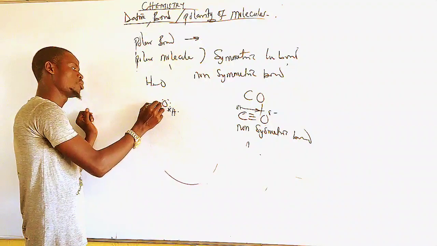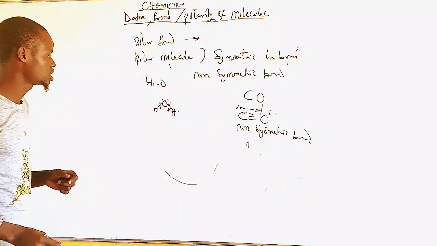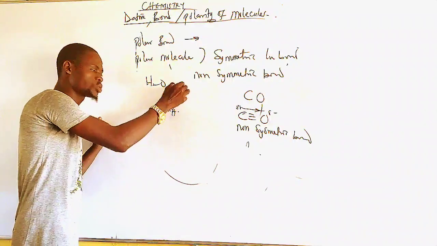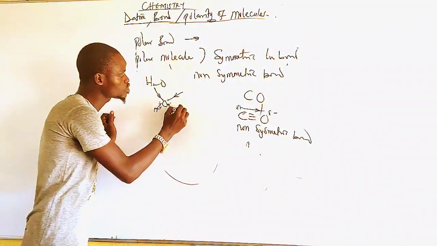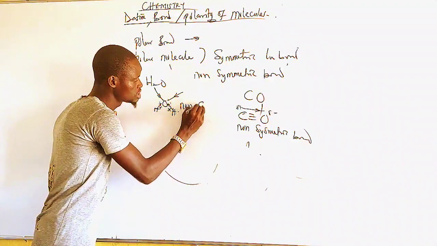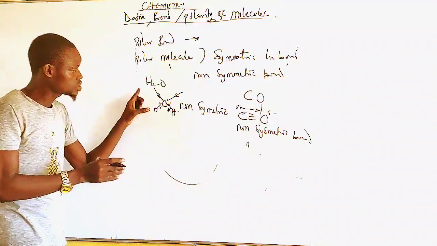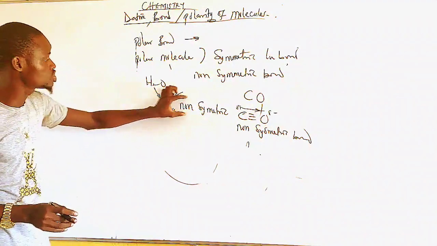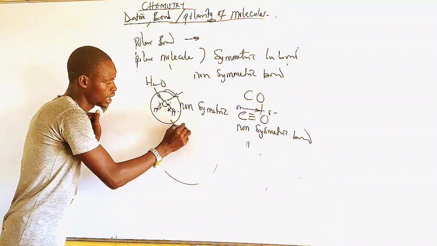So it has one attraction along this direction, another attraction along this direction here. There is no further attraction to balance here. There is no attraction to balance here. So it makes this molecule to be what? Non-symmetric. Because there is no attraction in the other direction, it is non-symmetric. So this molecule of water is polar.